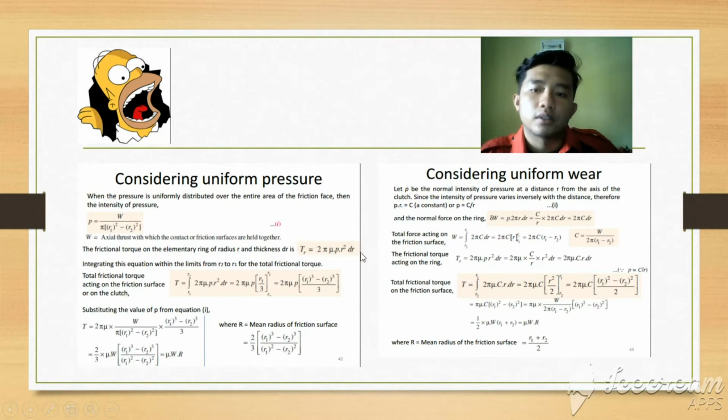This is the frictional torque, and both are different. For the frictional torque in uniform wear, we need to find the C here. Total frictional torque, this is the formula. Total frictional torque for uniform wear uses this formula, and mean radius for uniform pressure uses this formula, while mean radius for uniform wear uses this formula.